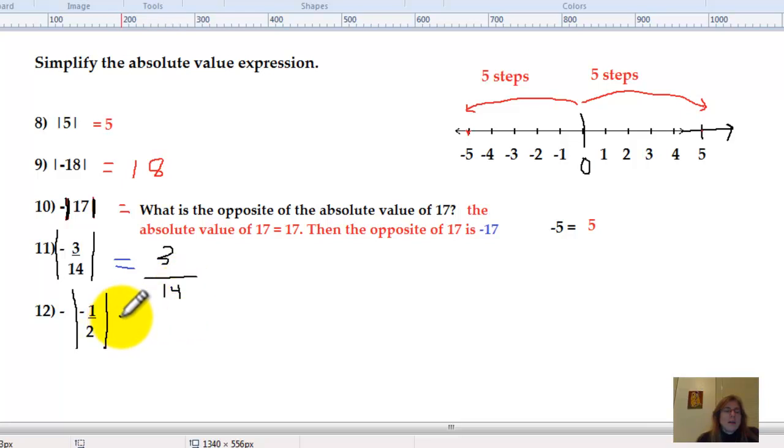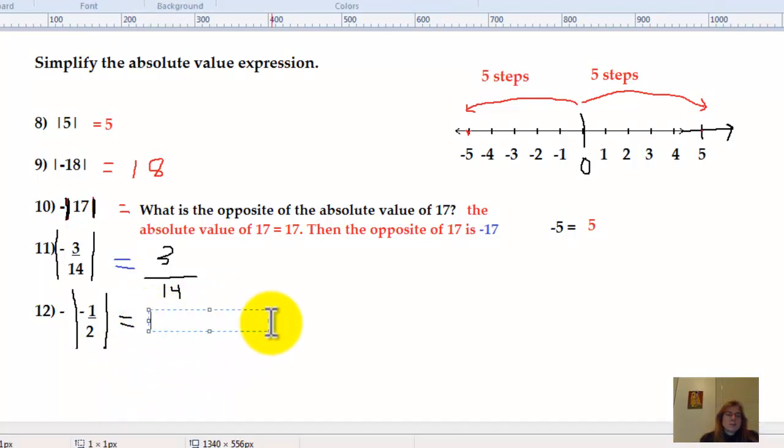Okay. And then here, once again, we have to break it into 2 pieces. You have the opposite first, then you have the absolute value. So we type it into a sentence, so we keep our details clear here.